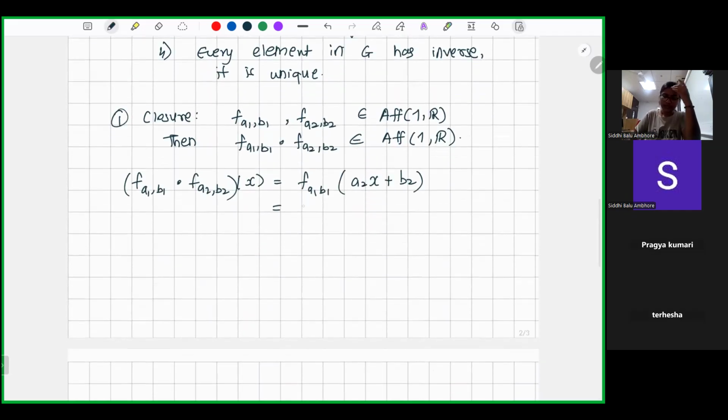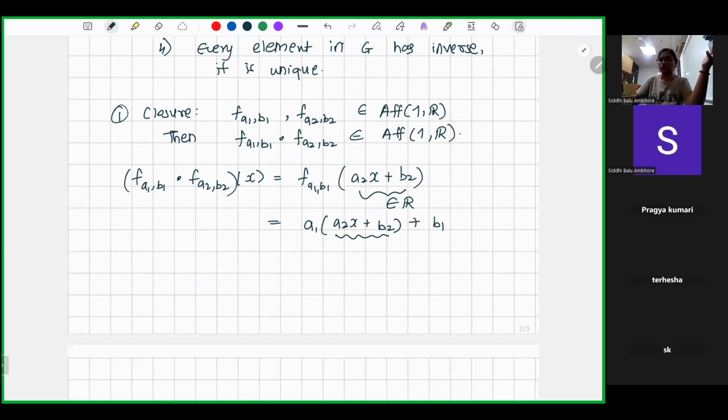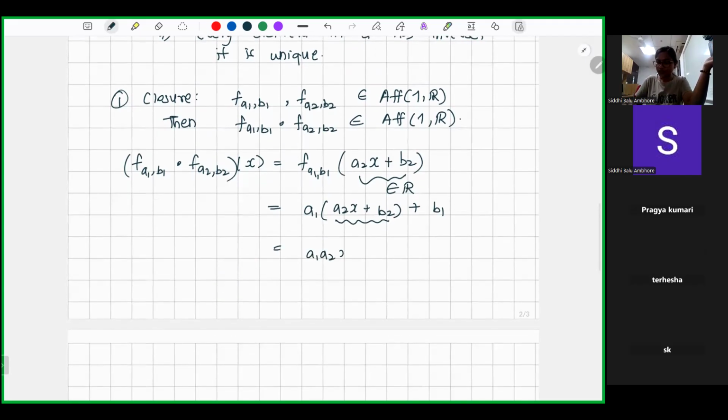Note that a2 x + b2 belongs to R, so I can apply f_{a1,b1} on this element of R, and it becomes a1(a2 x + b2) + b1. This is my x now, and I'm applying this function to a2 x + b2. So it becomes a1 a2 x + a1 b2 + b1.